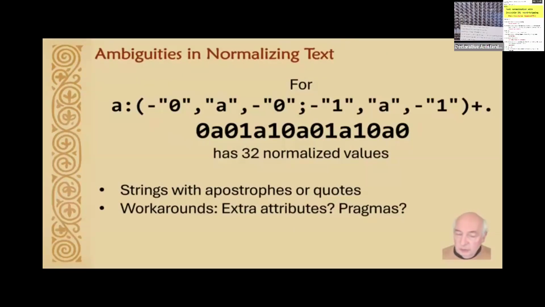There are still ambiguities to consider because it depends on grammars. In this example, you have an A rule for a string where zero or one are at the beginning or at the end of the item, and if it's repeated, let's say five times, inverting the grammar will generate 32 normalized values.